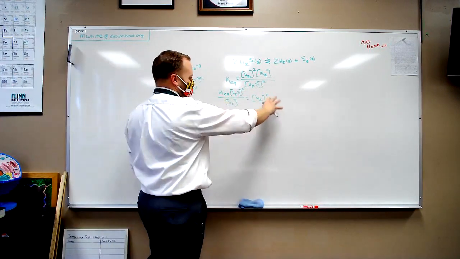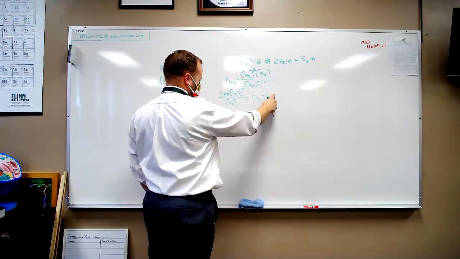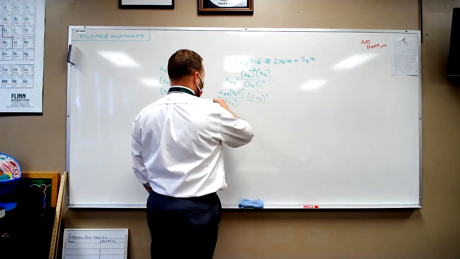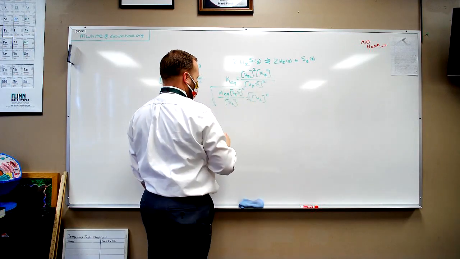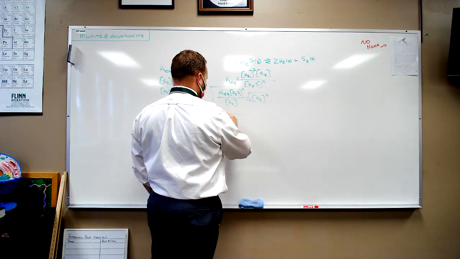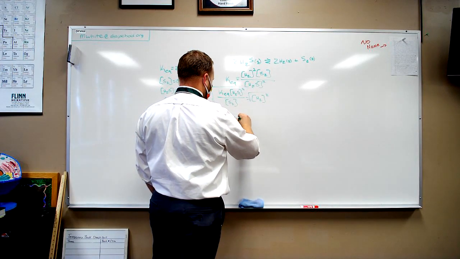The way this is set up is telling us what the concentration squared is. So we need to take the square root of both sides, and that is what we are actually going to be looking at.